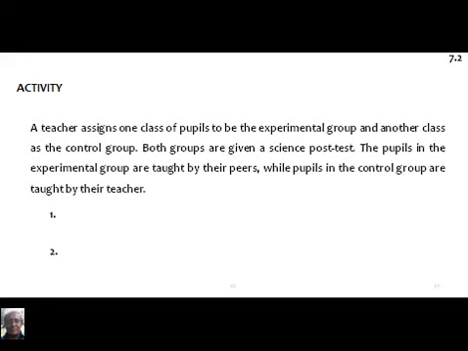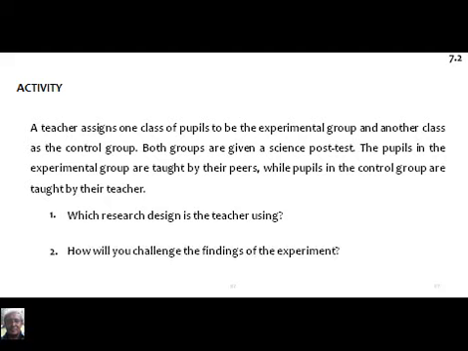Both groups are given a post-test. The pupils in the experimental group are taught by their peers, while pupils in the control group are taught by their teacher. Which research design is the teacher using? How will you challenge the findings of the experiment?